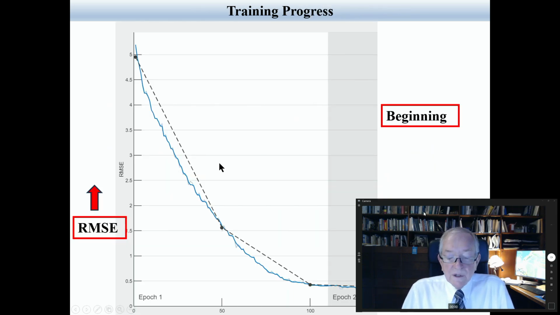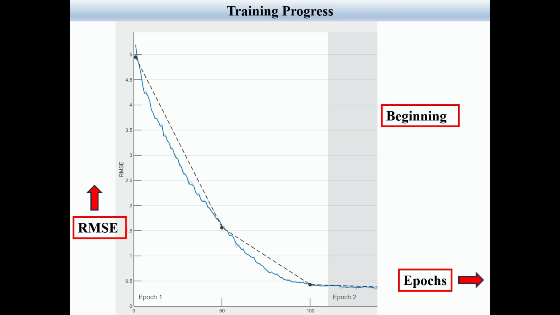This shows the process of tweaking. This is the mean square error between what it should be and what it is. And then here it is the number of times it's tried to go through the training data set. This whole light color is one epoch or one pass through the training data set.